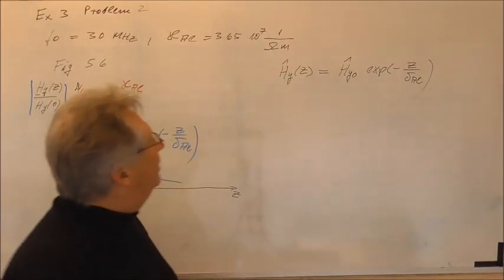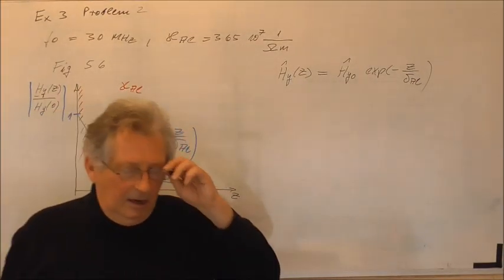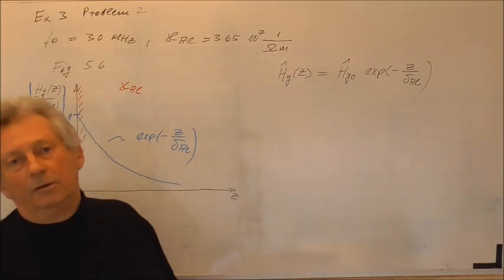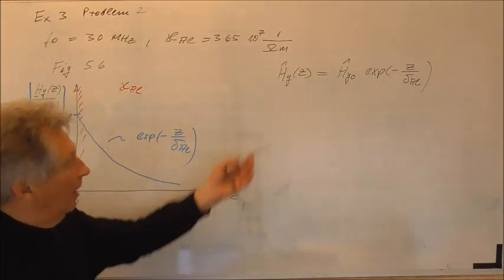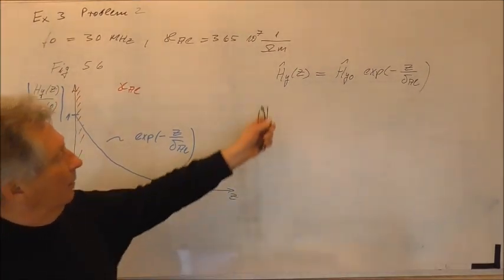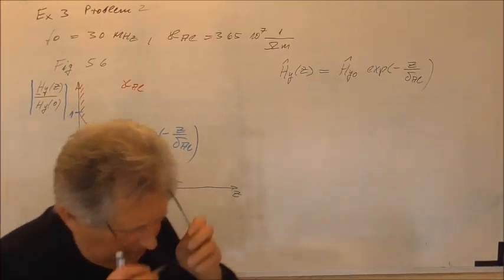This describes how the magnetic field decays into the conductor, and the electric field would also decay into the conductor according to the same function.